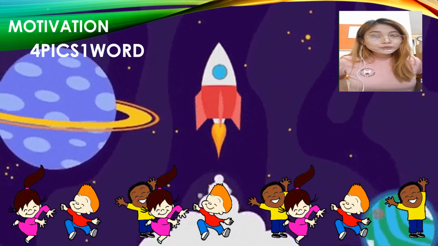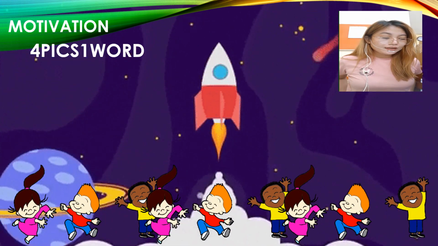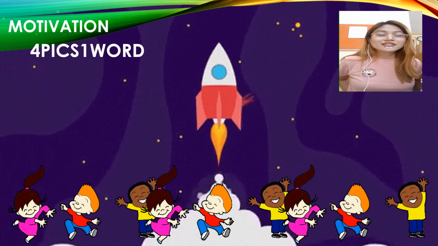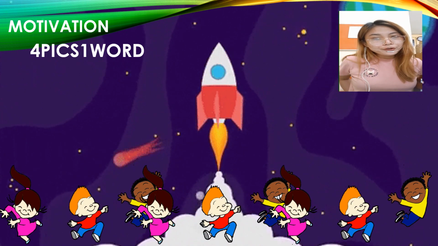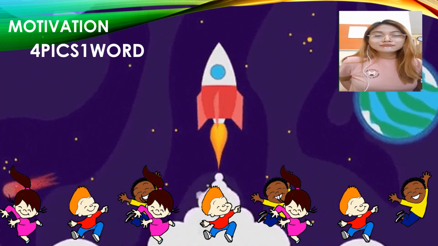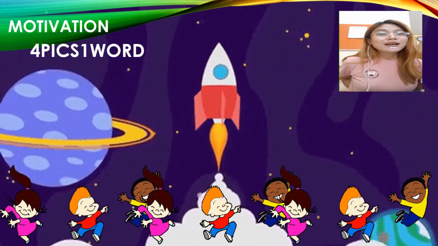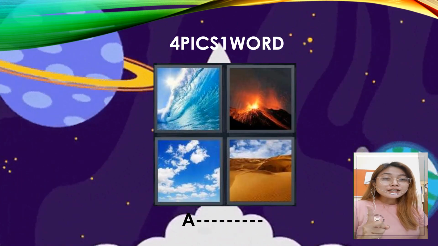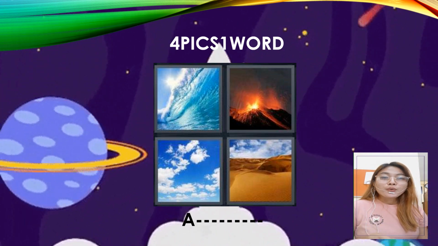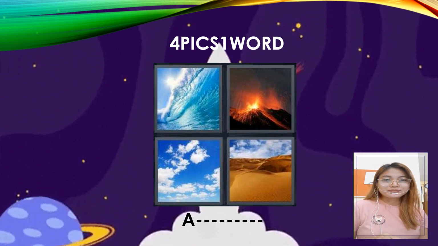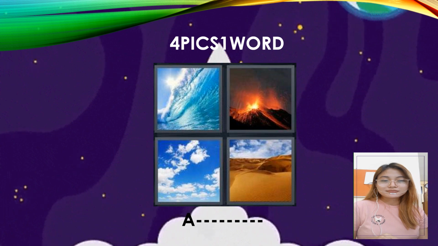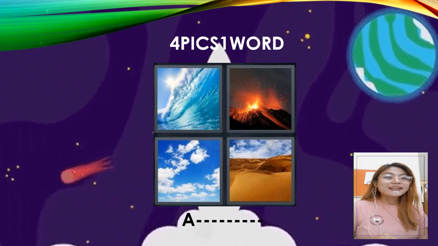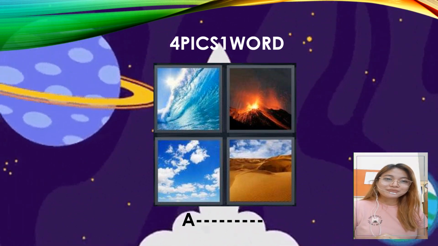But before we go to the proper lesson, let's have some fun first. Do you know the game 4 Pics 1 Word? Then if you know it, alright, let's play. First 4 pics. What is the hidden word? Correct, it's atmosphere.